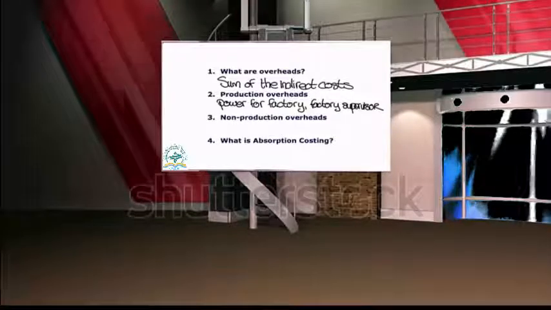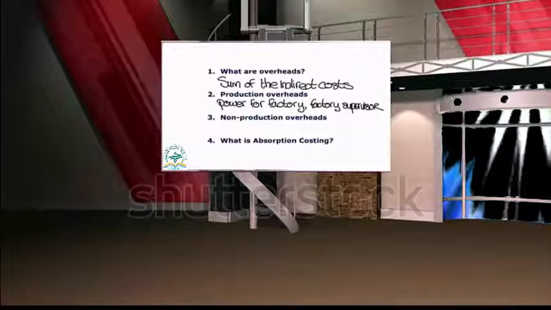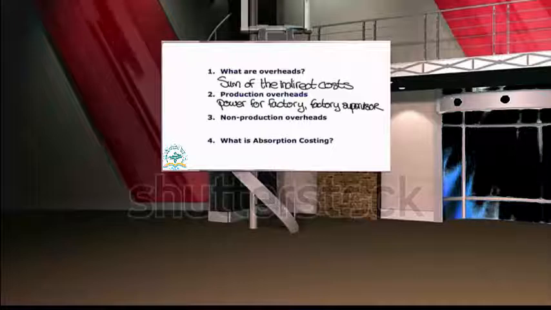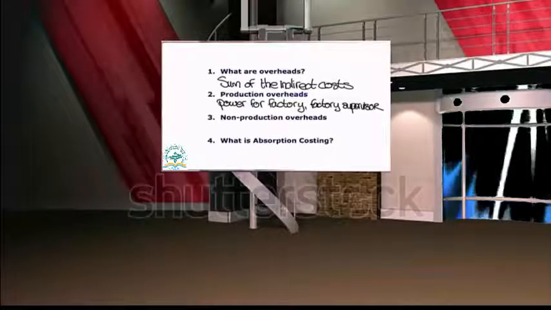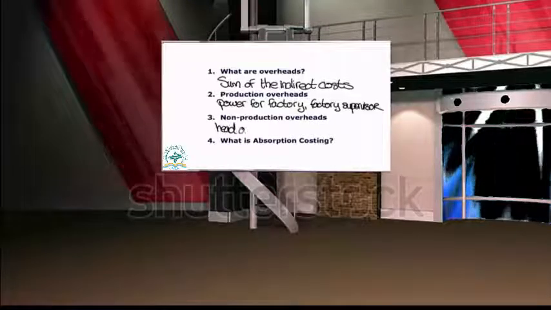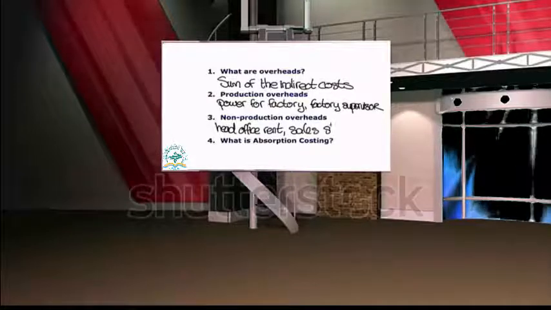Just a quick reminder then on what non-production costs would be. These would be the costs incurred in order to run the business effectively, but we do not have to incur them just to produce our product. So it might be head office rent or our sales staff salaries.